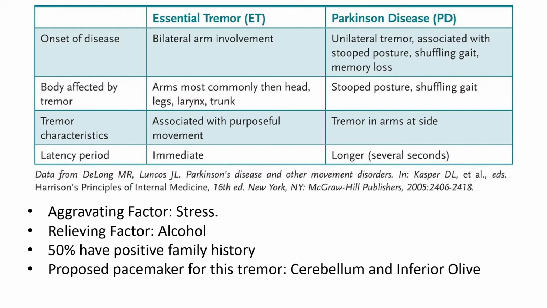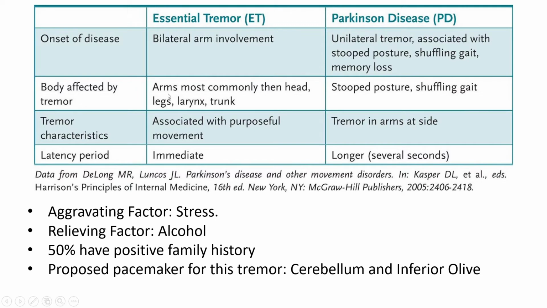But in this case, in Parkinson's disease, as soon as you outstretch your hands, there is a certain delay before the tremor starts again. For example, there is a resting tremor in the patient with Parkinson's disease. As he raises his hands towards a particular posture, the tremor would not be there, but it restarts after a certain latency.